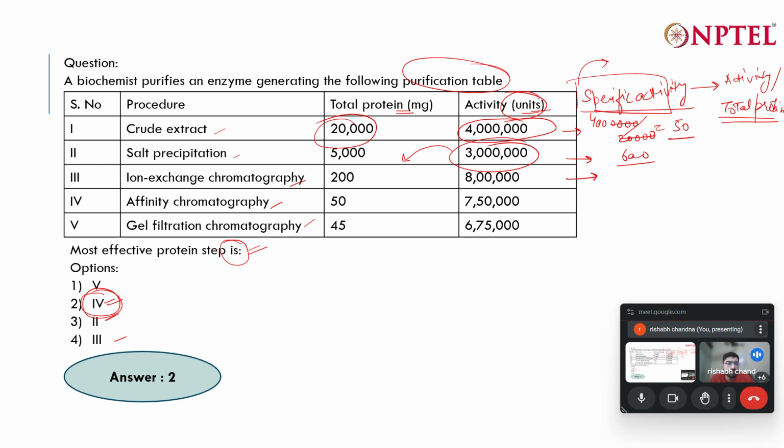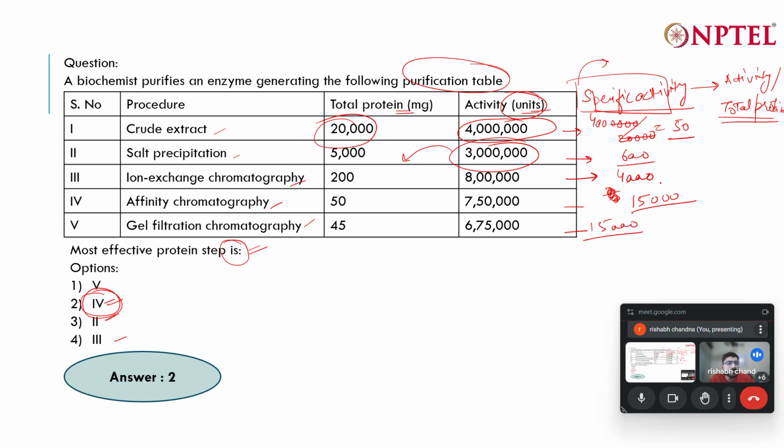Followed by the third step, this would come around 4000. Now the fourth step, it would be around 15,000.